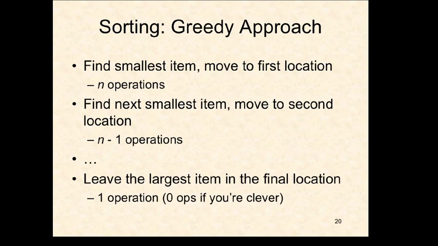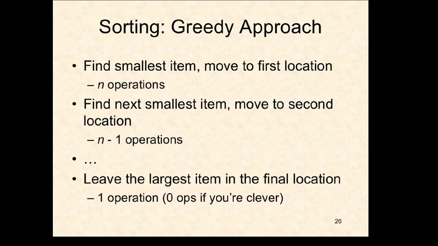And if we keep on doing that n minus 1 times, where we find the smallest one and swap it to where it should be, then after n minus 1 times, the biggest value is left where it must be, and this should look familiar to us. This is one of the elementary sorts that we looked at.